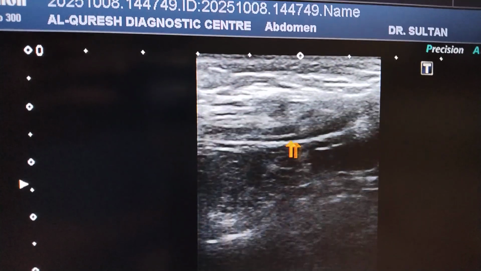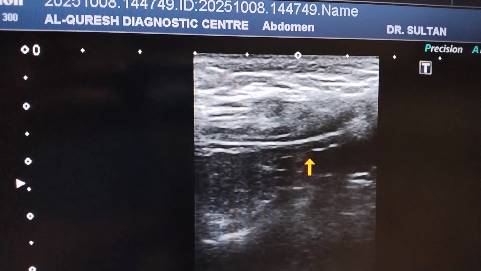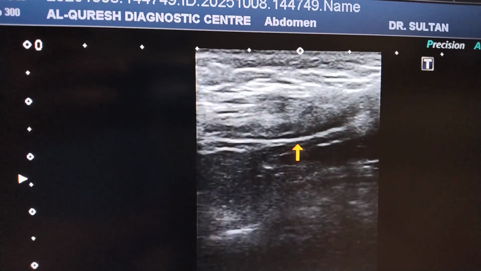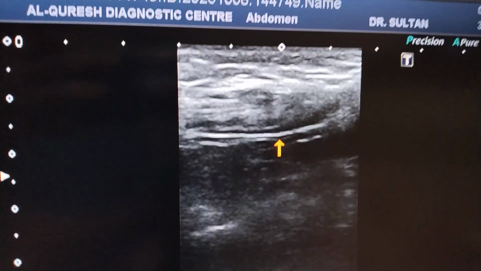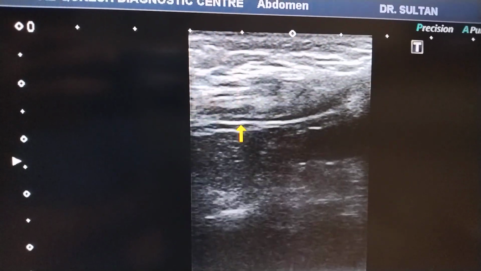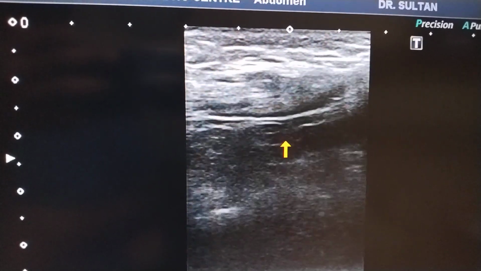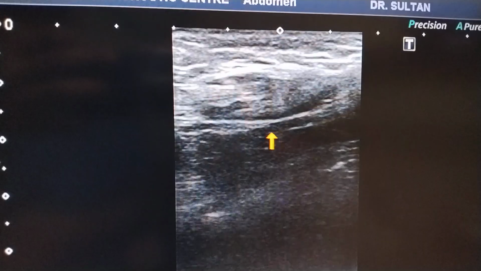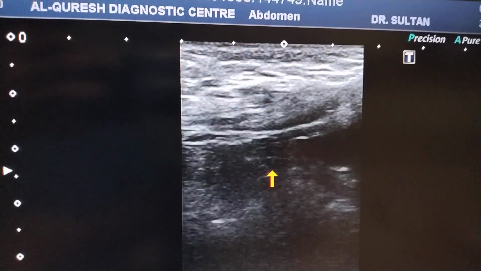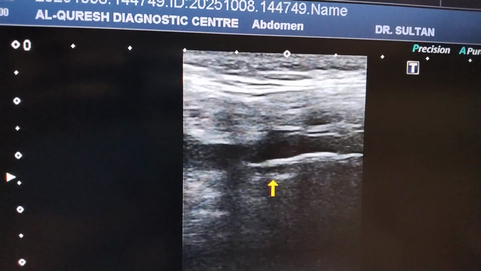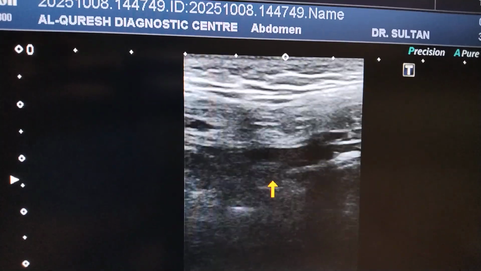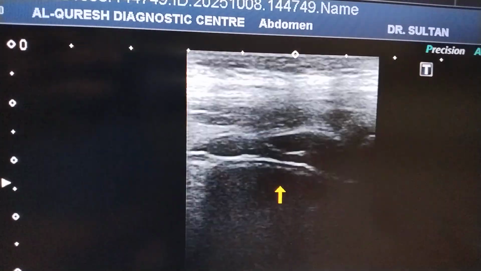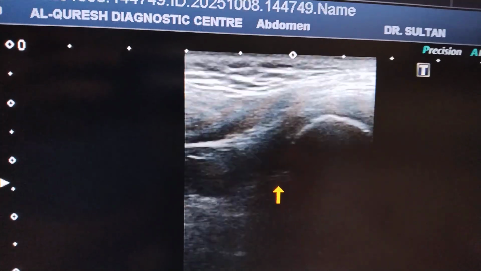So it means that if the conjoined tendon is weak, it does not strengthen the posterior wall. Due to this weakening of the posterior wall, this defect appears and direct hernia appears.